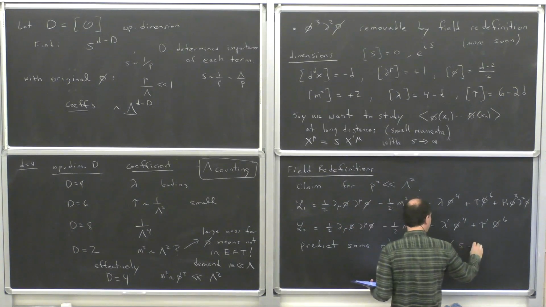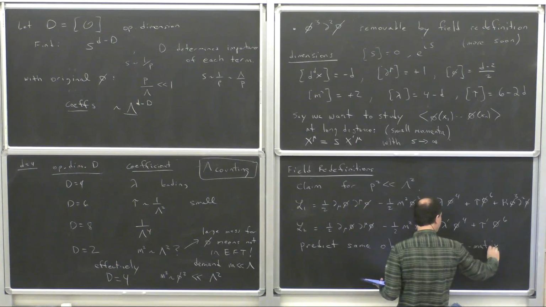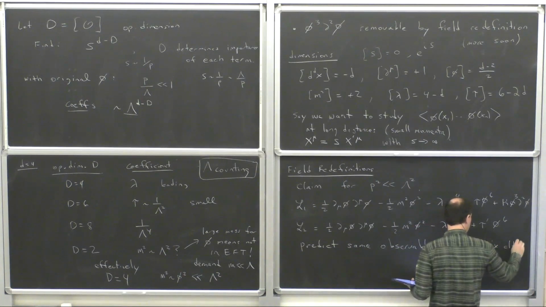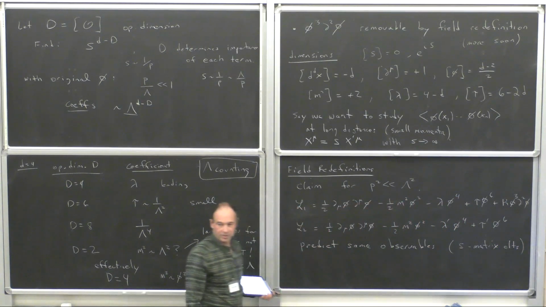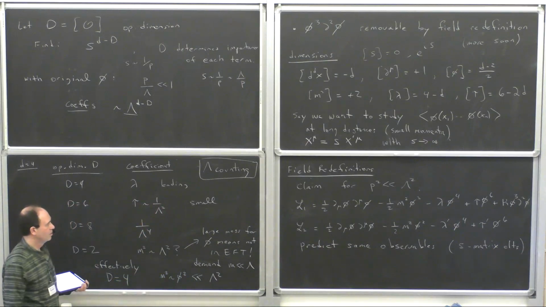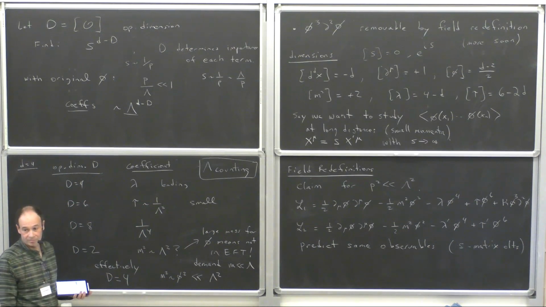Observables in quantum field theory are various things, but you can think of them as S-matrix elements, scattering, for the purposes of this. So my claim is that these two Lagrangians actually have the same S-matrices.